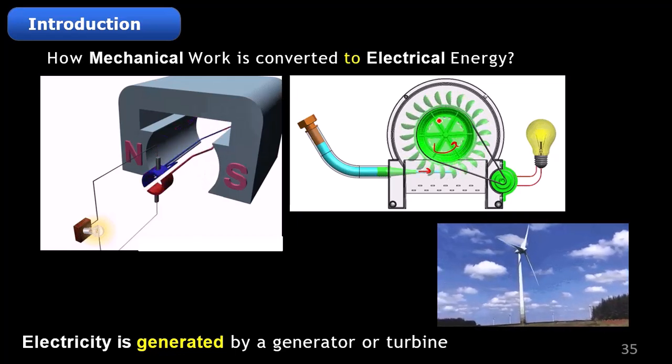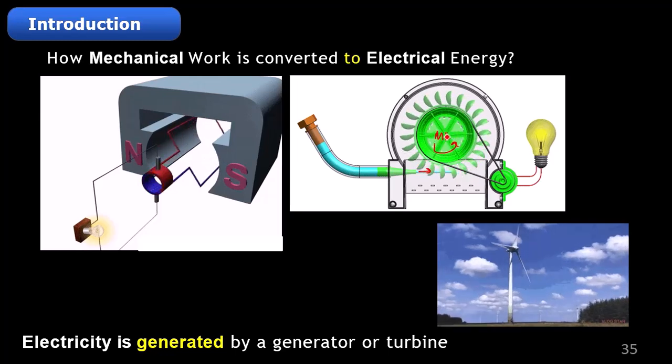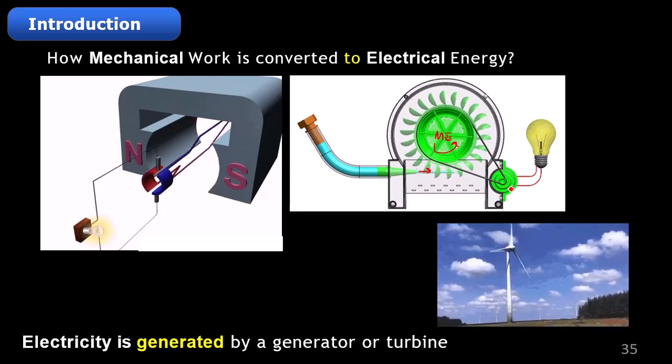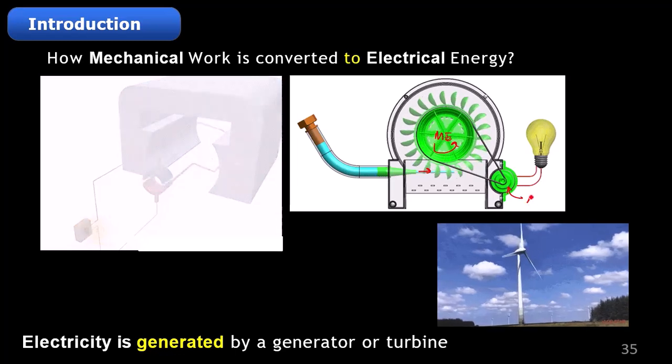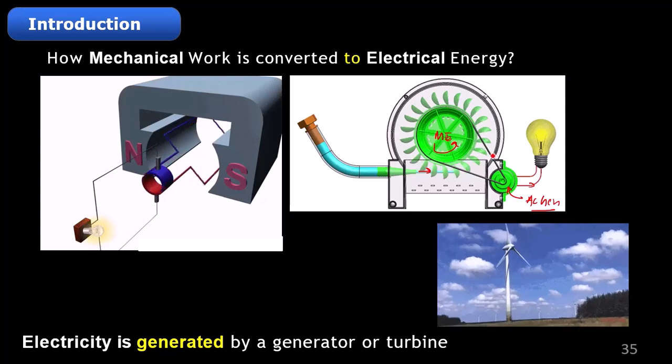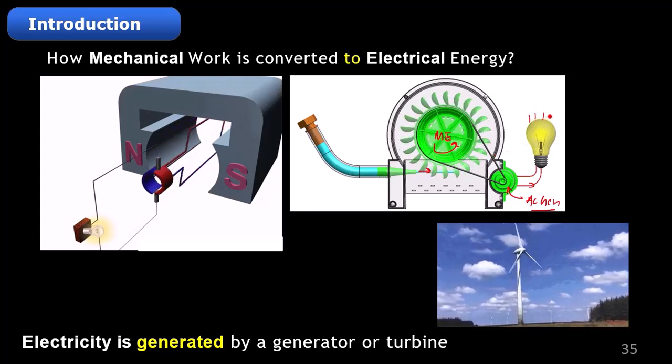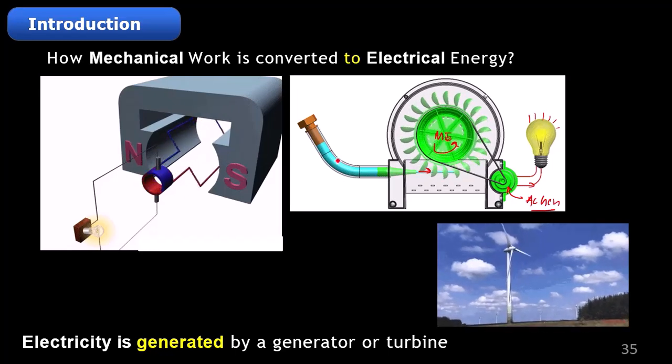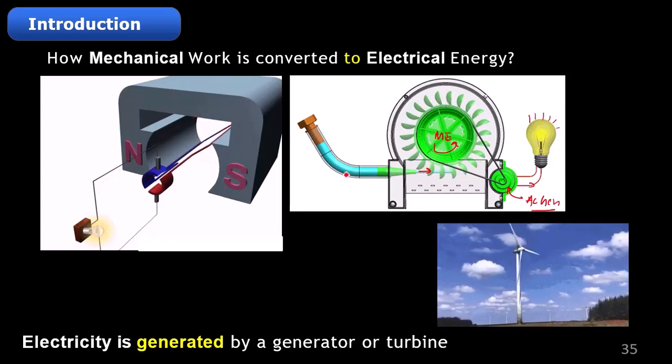Because of this rotation, I am generating the mechanical energy. Now this mechanical energy is converted with this instrument, that is the AC generator. And ultimately the current is generated. So I can ensure that if I connect a bulb, the bulb will glow. Because of this chapter itself only, I can produce the electric current.